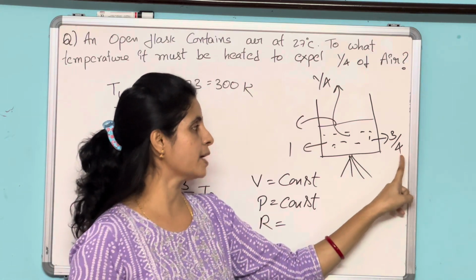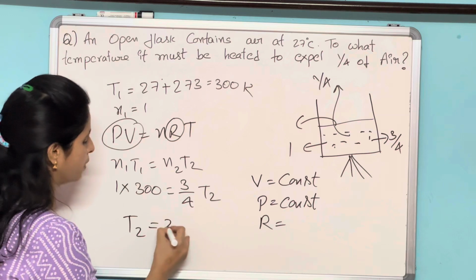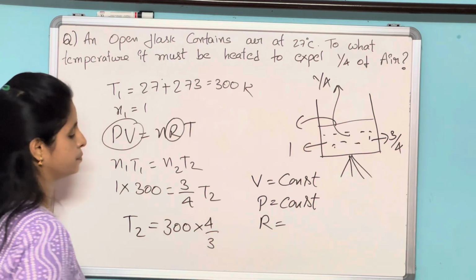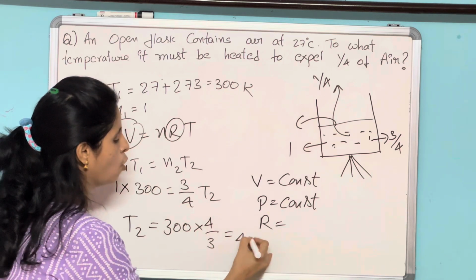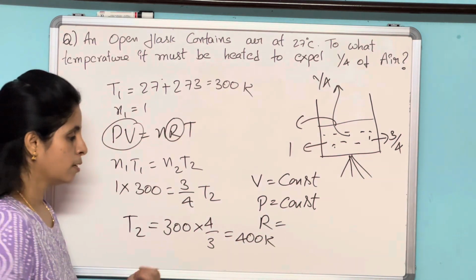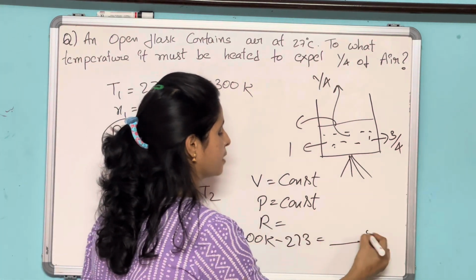The moles remaining are 3/4. So what is T2? T2 is equal to 300 into 4/3, which is equal to 400 Kelvin. Minus 273, you will get the answer in degrees.